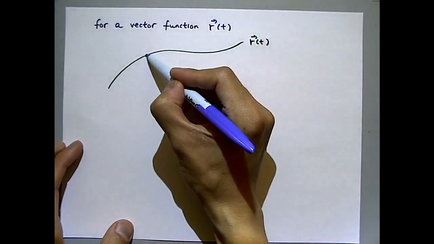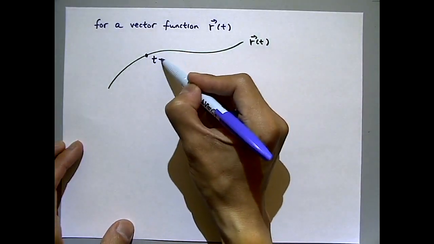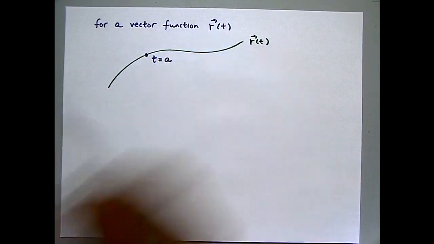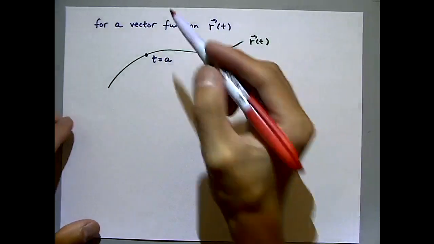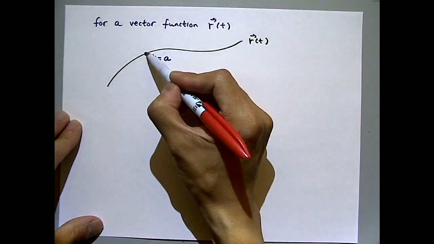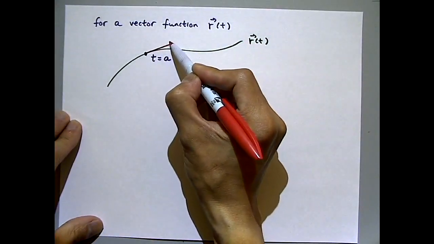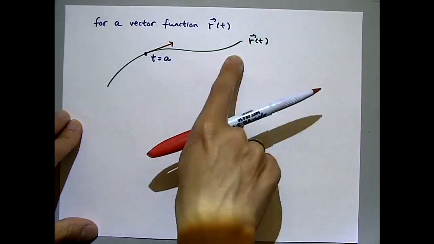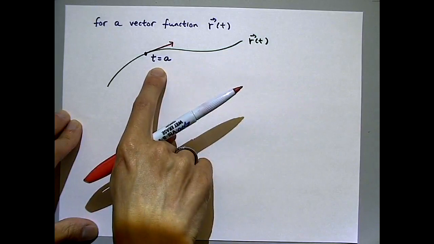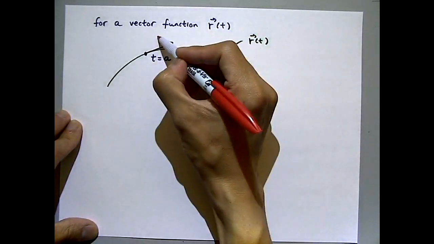And if you go to t is equal to a, for example, right here, what you will get out when you take the derivative is a vector that is tangent to the space curve at t is equal to a.